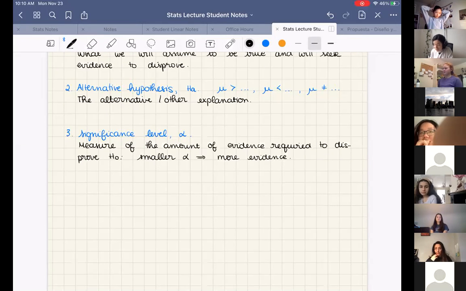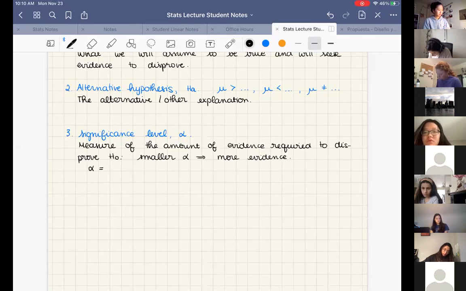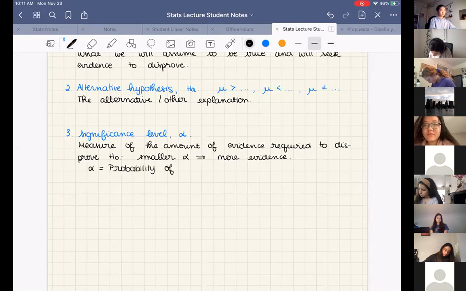That's because if I think mathematically about what alpha represents, alpha is equal to the probability of rejecting the null hypothesis given that it is true.